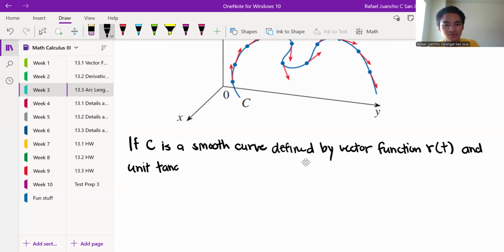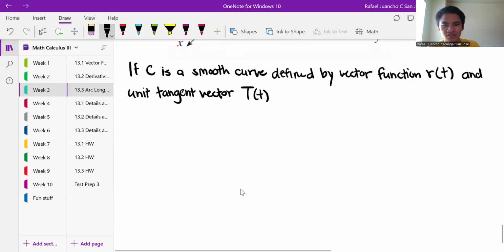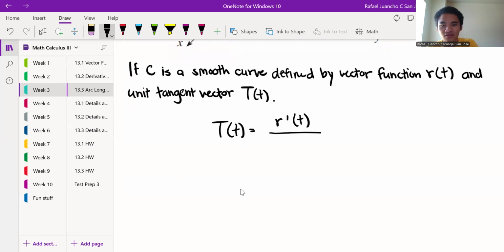The way to get the unit tangent vector, just a little bit of review, is to take the derivative of the vector function and divide it by that tangent vector's magnitude. And this indicates the direction of the curve. So it's not only describing the length, which is 1, which we already know, but since it's a tangent vector, we can also see which direction it's going.